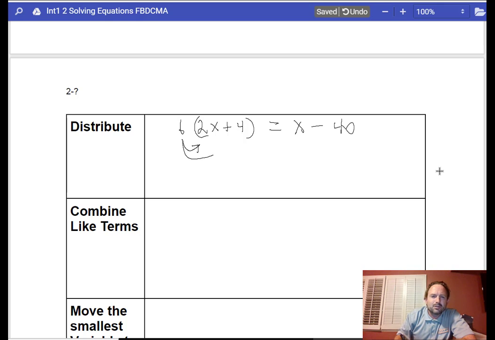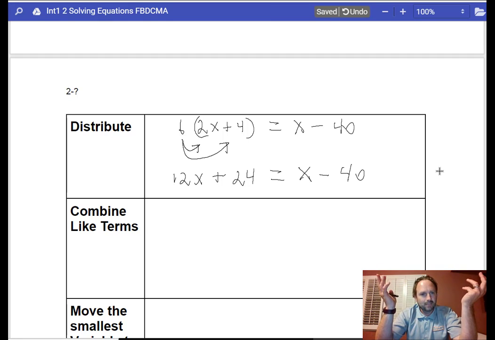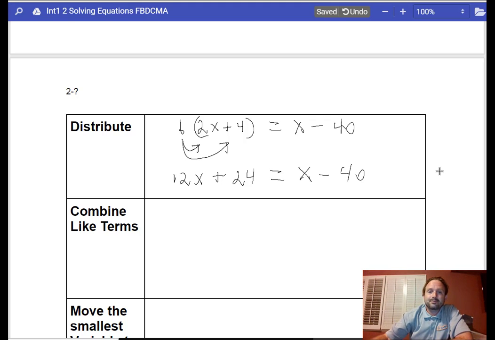I can use the distributive property to go 6 times 2x and then 6 times 4, and that's going to be equal to x minus 40. Now I do a quick check. Have I gotten rid of all the fractions? Yes. Have I gotten rid of all the groupings? All right. There aren't any parentheses or brackets, so let's go on.